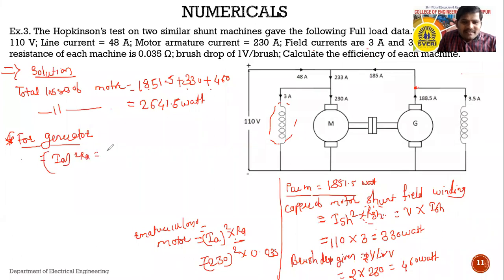So what is the armature current of the generator? Look in the diagram, that is why I kept the diagram in front.